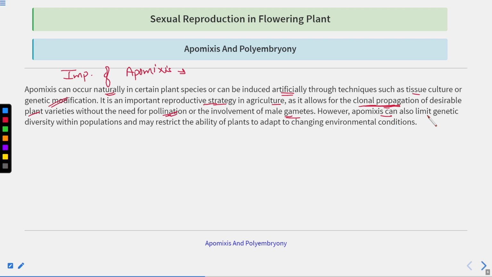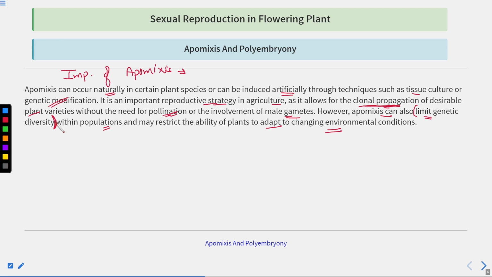However, apomixis can also limit the genetic diversity within the population and may restrict the ability of the plant to adapt to the changing environment. So during apomixis, what is happening? The offspring or the seeds are genetically similar to the parent. So no recombination, no crossing over is happening, and that may limit the genetic diversity.